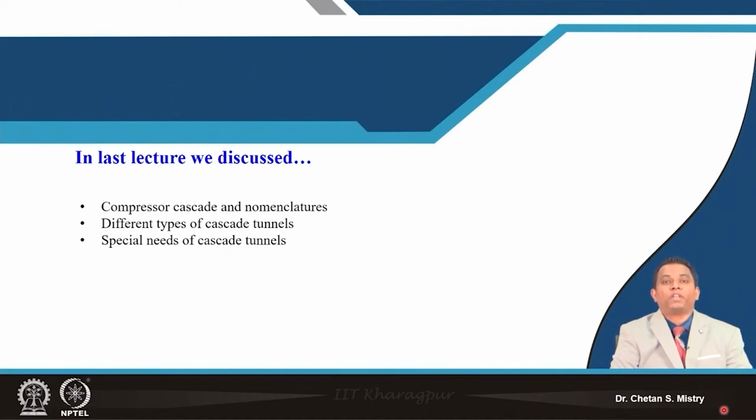But still, people use it even today to realize the real working condition of the engine and its components. Now the trend that has come is to use the sector annular cascade tunnel. It gives the benefit that the number of blades required for study will be lower.